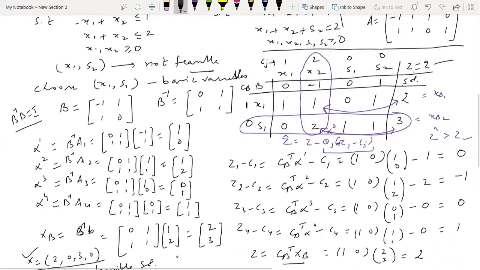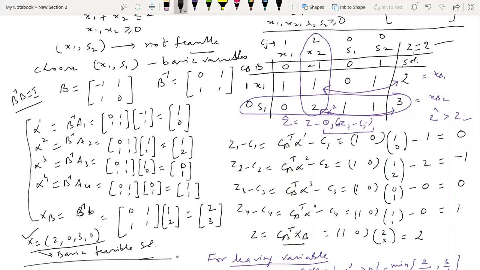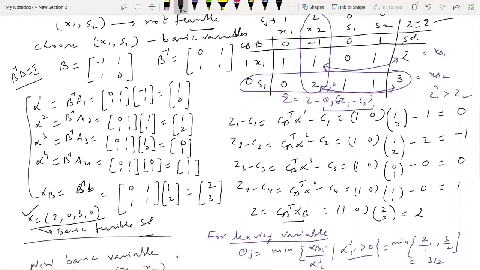But now I want to tell you that once you have constructed this table and you have all the information about which variable is entering and which is leaving, you need not calculate all these things again. We are going to use some row operations, which we call the pivot operation you have studied earlier, to construct the next table. Please be careful while I explain this.